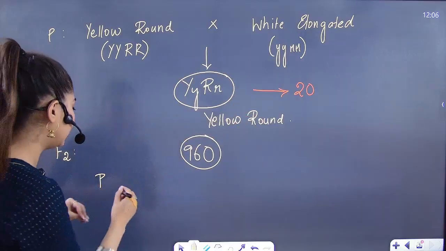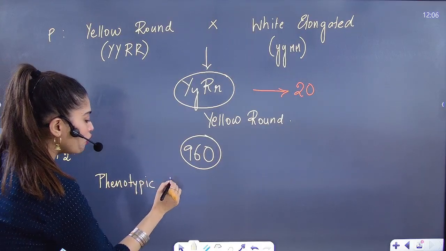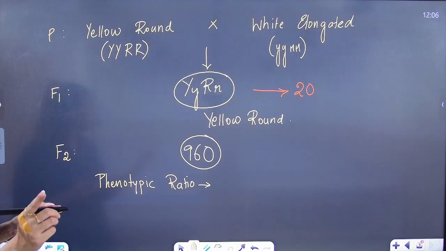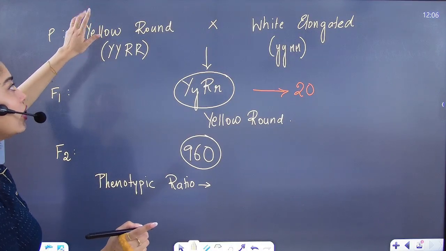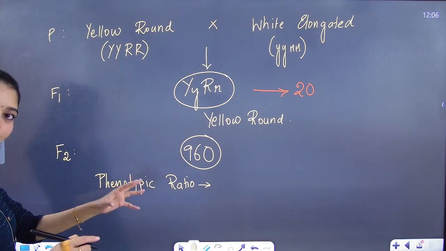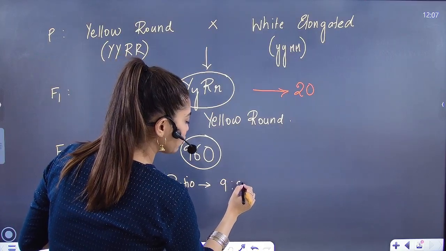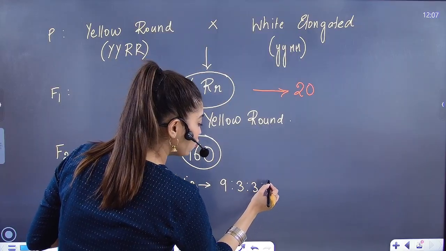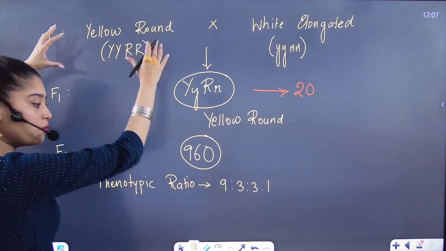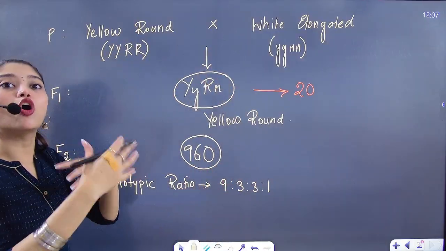It is a dihybrid cross, because two characters are taken into consideration: yellow color and round shape. The phenotypic ratio of the dihybrid cross in Mendel's experiment was 9:3:3:1, in which 9 was the dominant parent, 1 was the recessive parent, and the 3:3 were the recombinants.